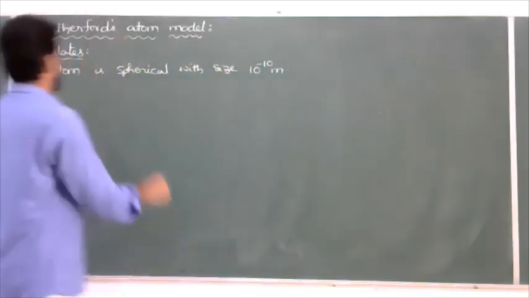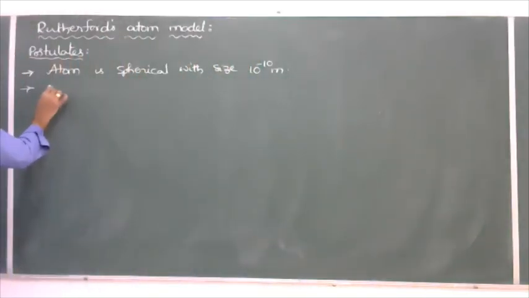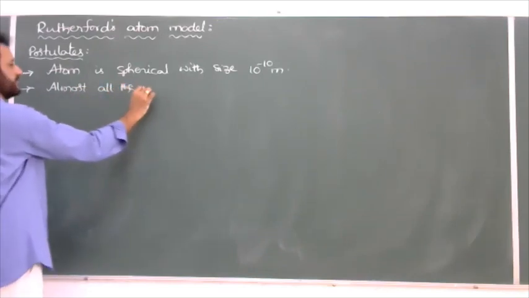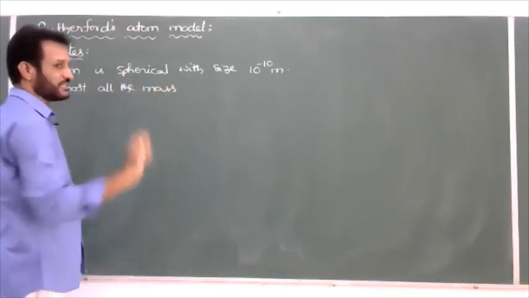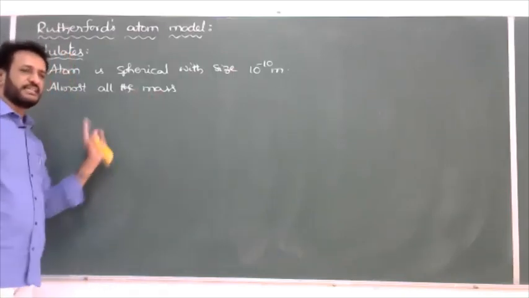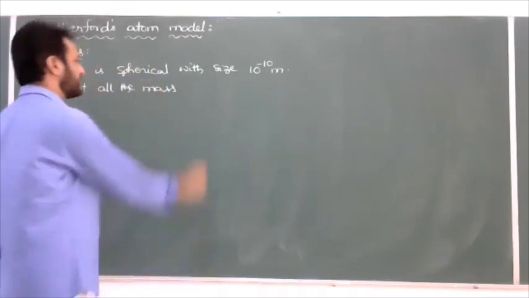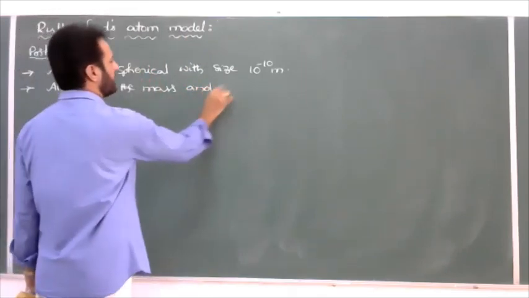So almost all the mass, not 100% because electrons are also there. Almost means more than 99% of the mass of the atom.